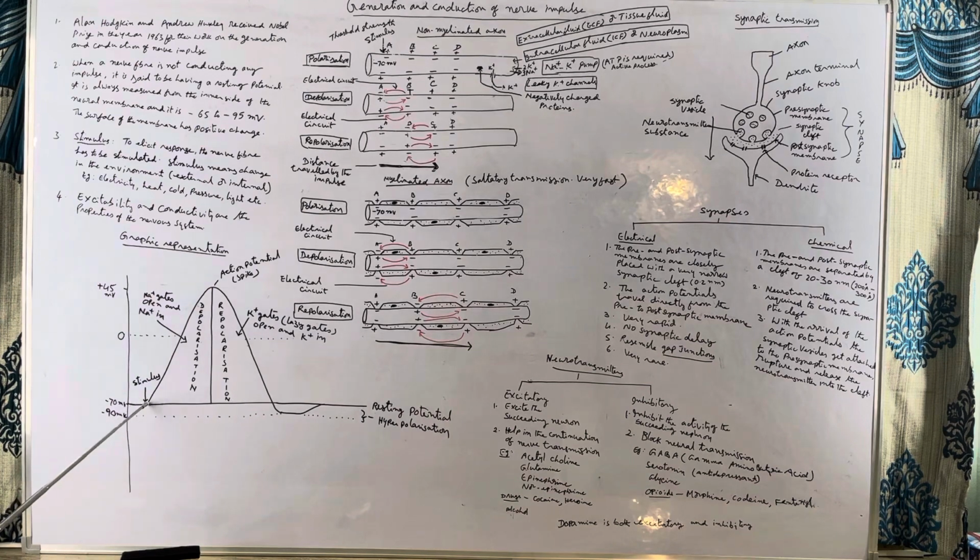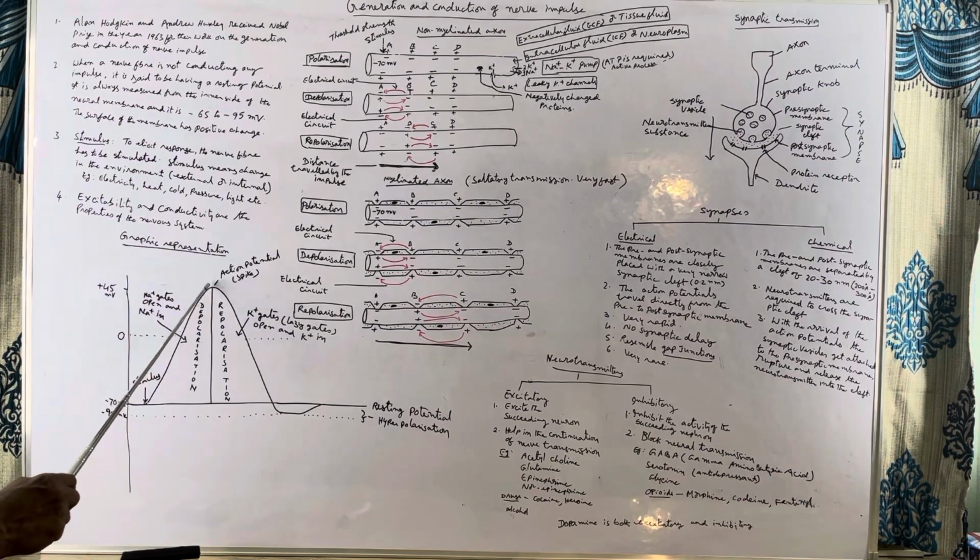That means the polarity is reversed from minus to plus. This is called spike. So, an action potential is generated and it has reached a level of plus 45 millivolts.